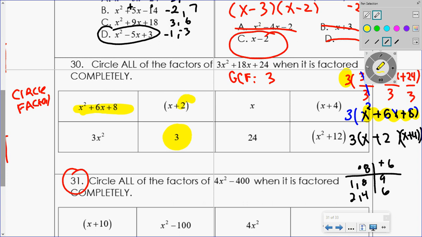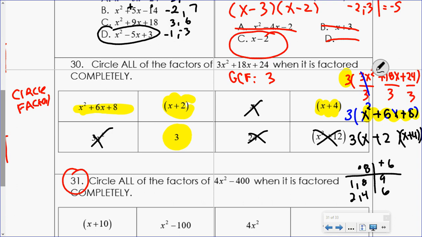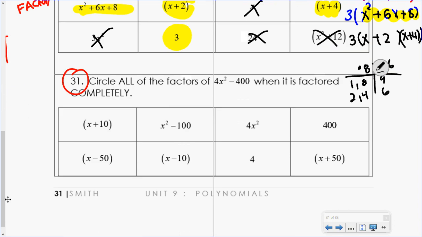X plus 2 and x plus 4. So guess what? Everything else is not a factor. This is not a factor, this is not a factor, and this is not a factor. The only factors are that greatest common factor and the simplification of taking it out, and then the factored form of that other polynomial. Okay?